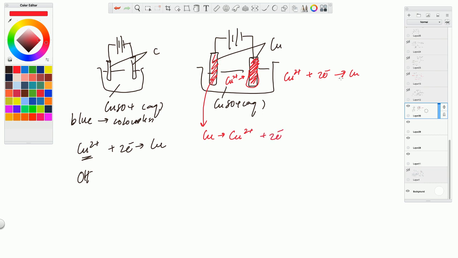So for every copper ion that is removed, there is a copper ion that is ionized into the solution. So this one, the blue stays the same. So this is an example of a question they ask you.